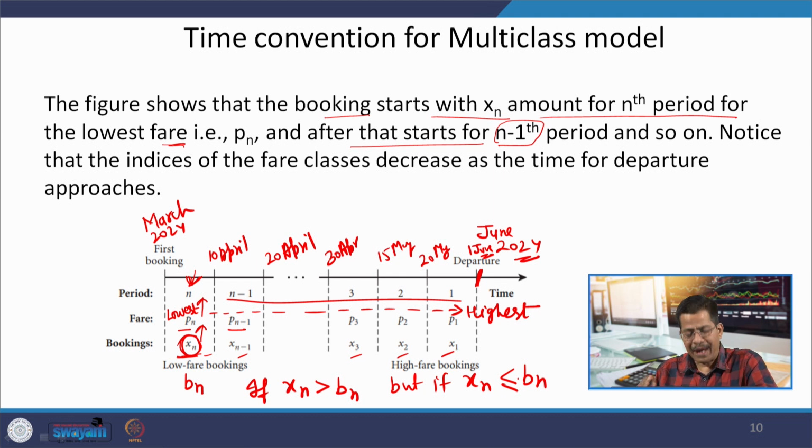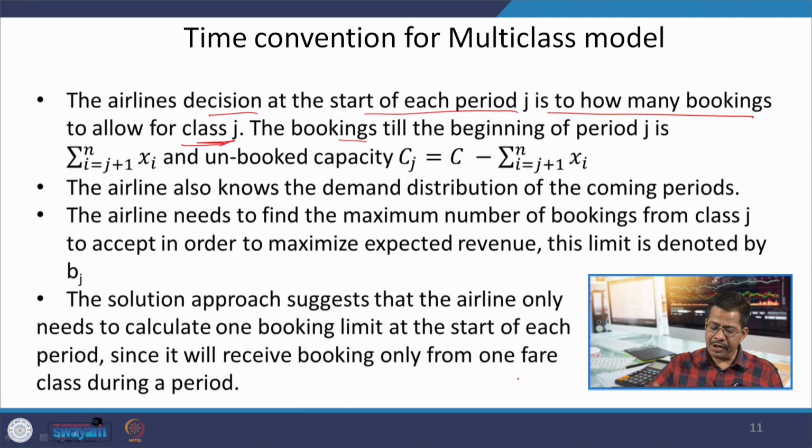So, this will keep happening for every class: if the requests which are coming are less than the quota which you have kept for that particular class, you are going to accept the bookings, otherwise you will reject some of the bookings, and these bookings may go to the subsequent higher fare classes if the customer wishes. So, the booking till the beginning of period j is this, and the unbooked capacity is C j minus this many.